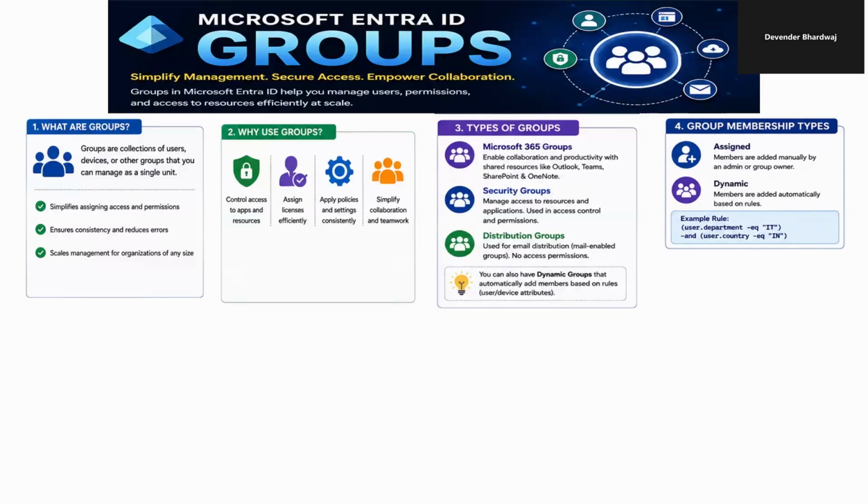So we can define an attribute for all the users or devices, department finance, and they all will become members of that group automatically. Group owners: an owner can add members, remove members, update settings, delete the group, and manage lifecycle, and it is recommended that we should have at least 2 owners.